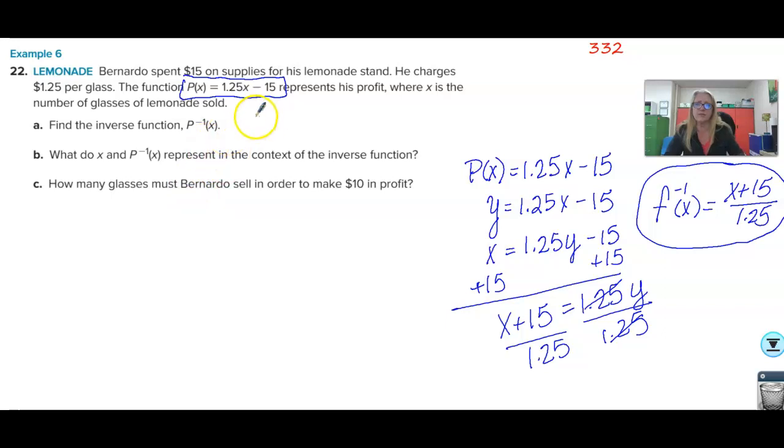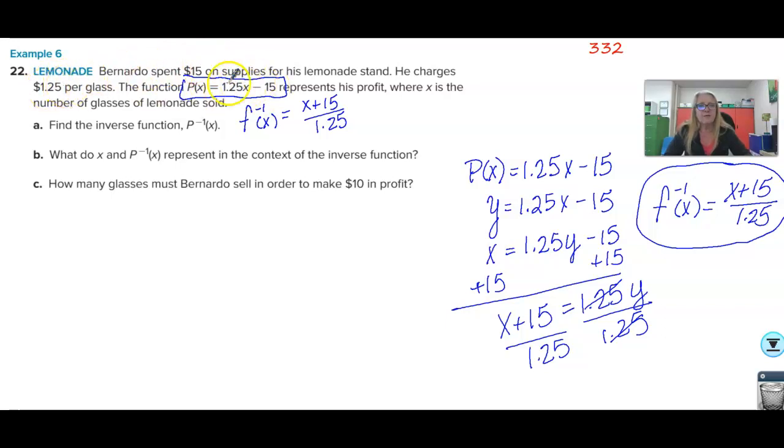Okay, so the inverse function, f to the negative 1 of x equals x plus 15 over 1.25. Okay. What does the p to the negative 1 of x represent in the context of the inverse function? Okay, so in the original problem, he spent $15 on supplies, but he charges $1.25 per glass.